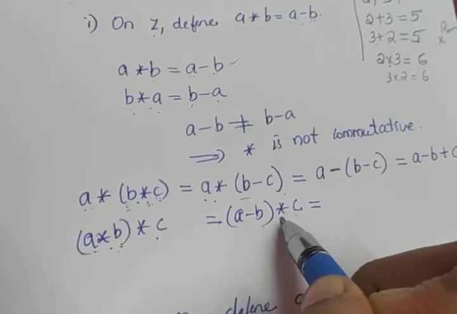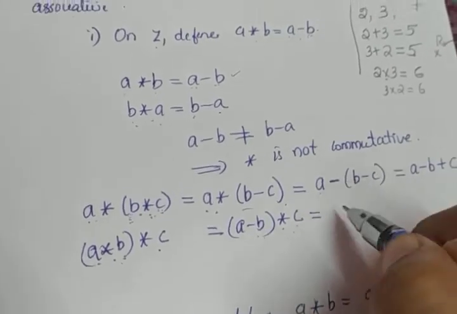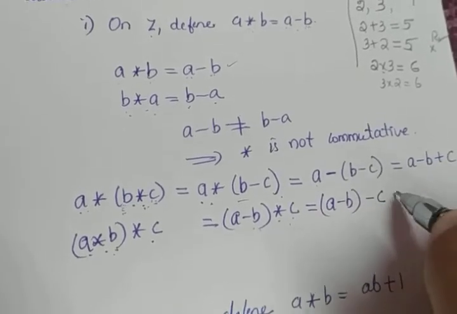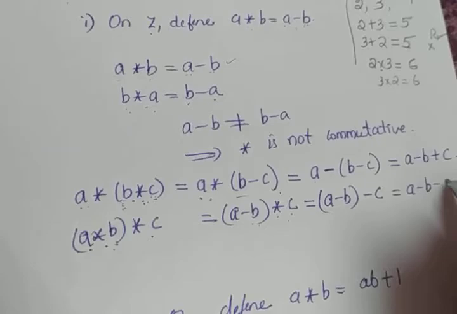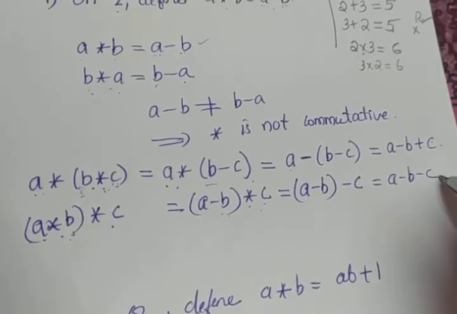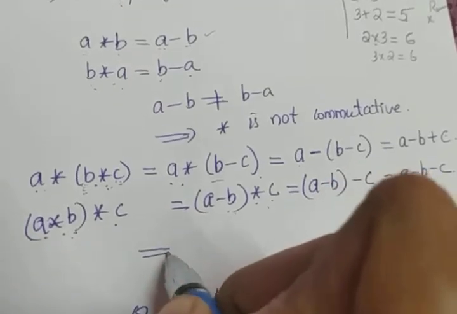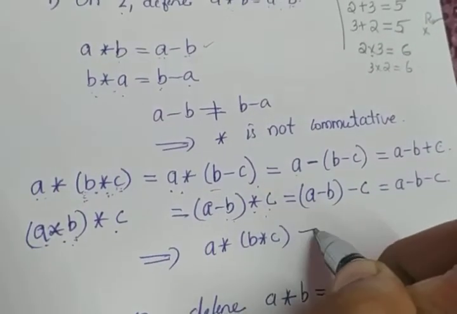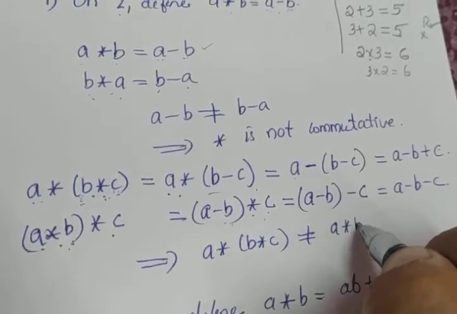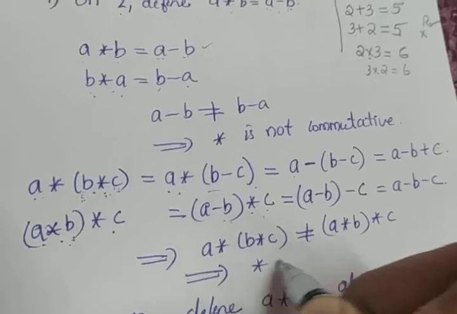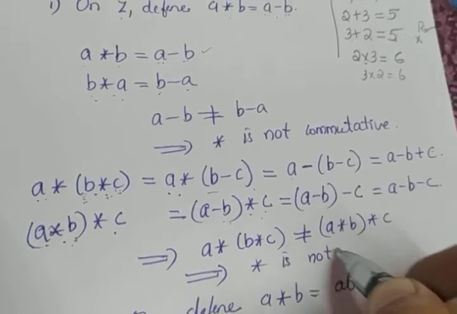So to operate star, what we have to do is take the difference. So here we take the difference, A minus B minus C, isn't it? And it is clear that A minus B plus C and A minus B minus C are entirely different, which implies A star B star C is not equal to A star B star C. Hence, it implies that star is not associative.